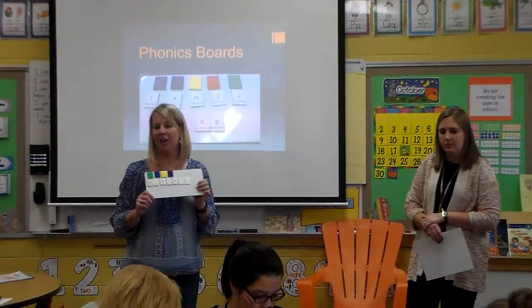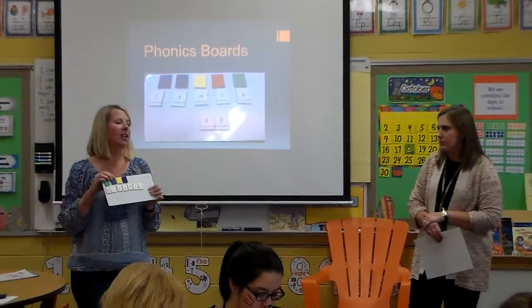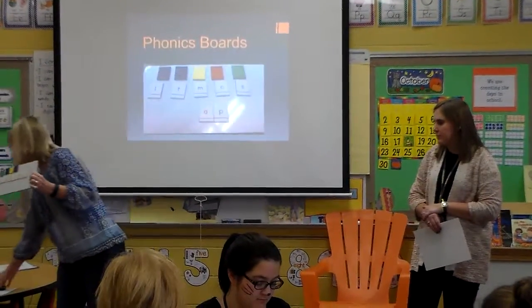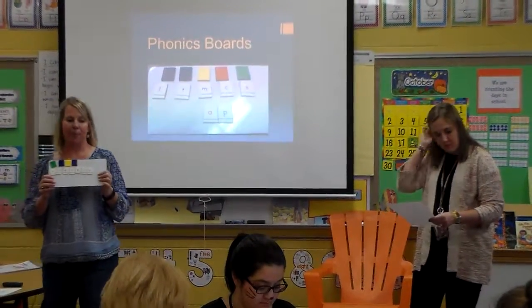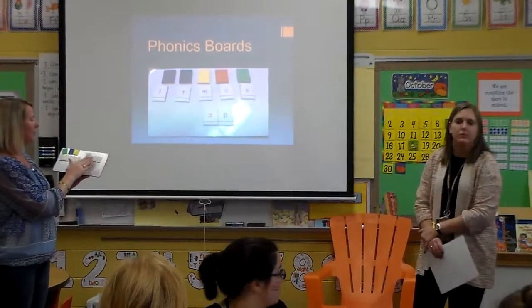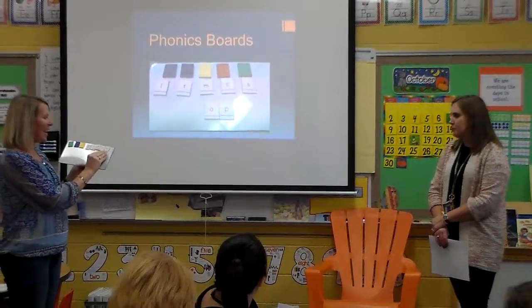And because this is kindergarten, we're going to start with some segmenting. So the color tiles are used to segment a word. So the first word that we're going to do together is lap. So what we want to do is first take your color tiles, and this is just going to help your students know the sounds of the word.